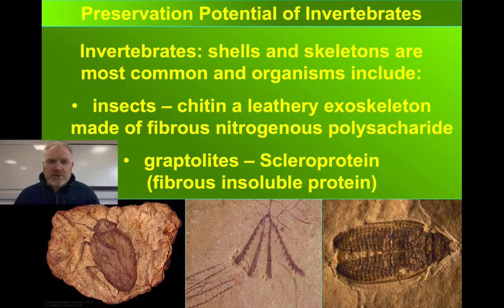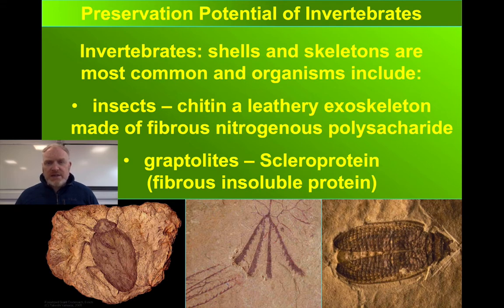For invertebrates, these are animals without backbones, these are perhaps the most common fossils that we find. And there are particular bits of fossils that are more likely to preserve. So insects, for example, an incredibly common, incredibly diverse group, their exoskeleton is made of a material called chitin.